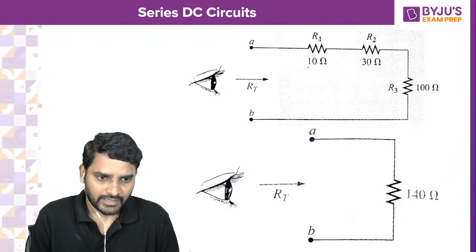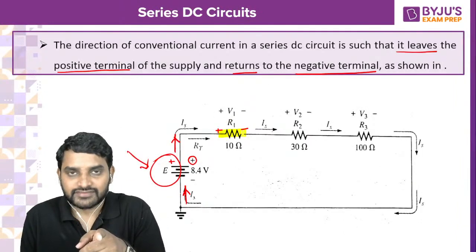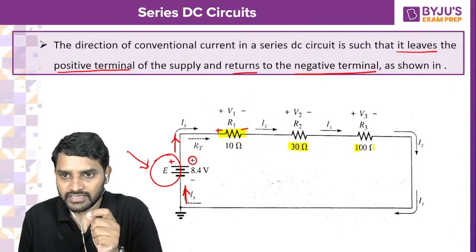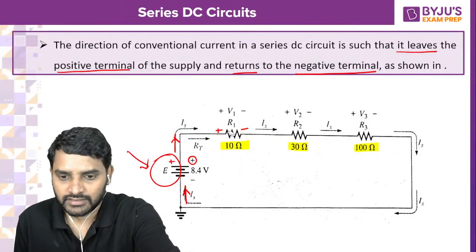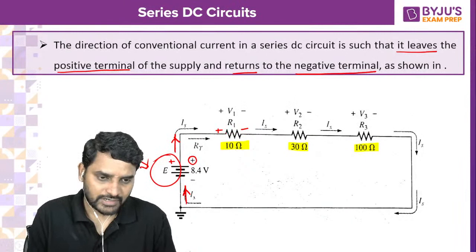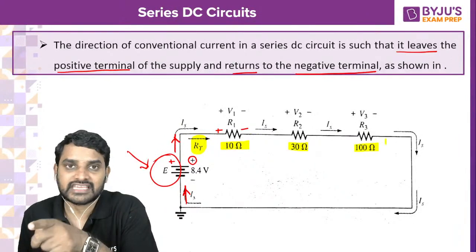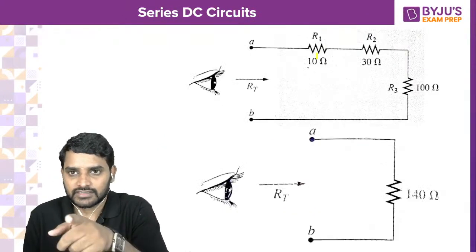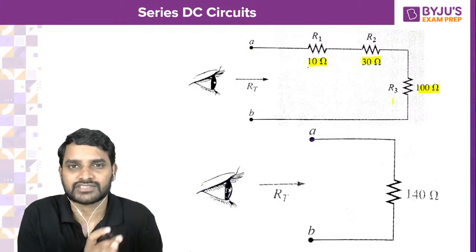Now see, the same question. You see resistances of 10 ohms, 30 ohms and 100 ohms. If they ask you to calculate the total resistance offered by these three elements, I just remove the voltage source, that's it.